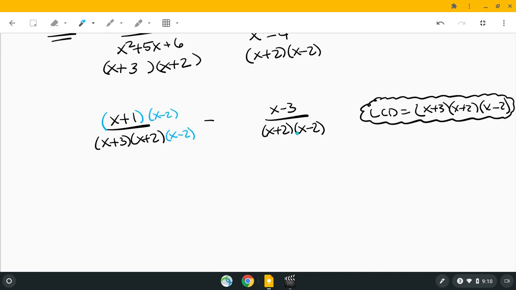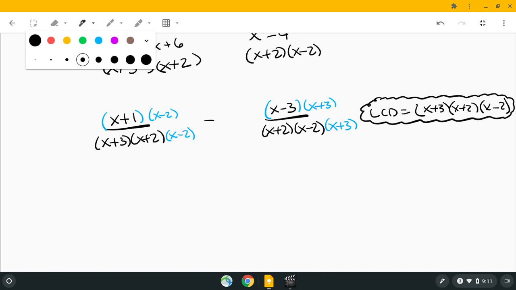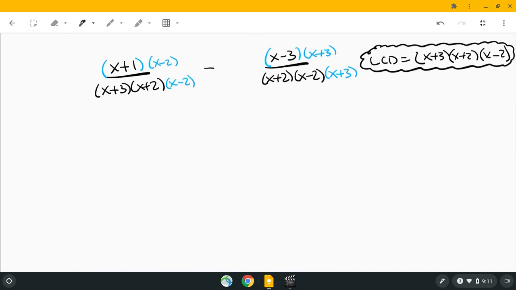This one, we have x plus 2, x minus 2. We're missing x plus 3, so we need to multiply by x plus 3 over itself. All right, good. Once you have that, all you need to do is multiply and combine like terms. But careful with that subtraction.